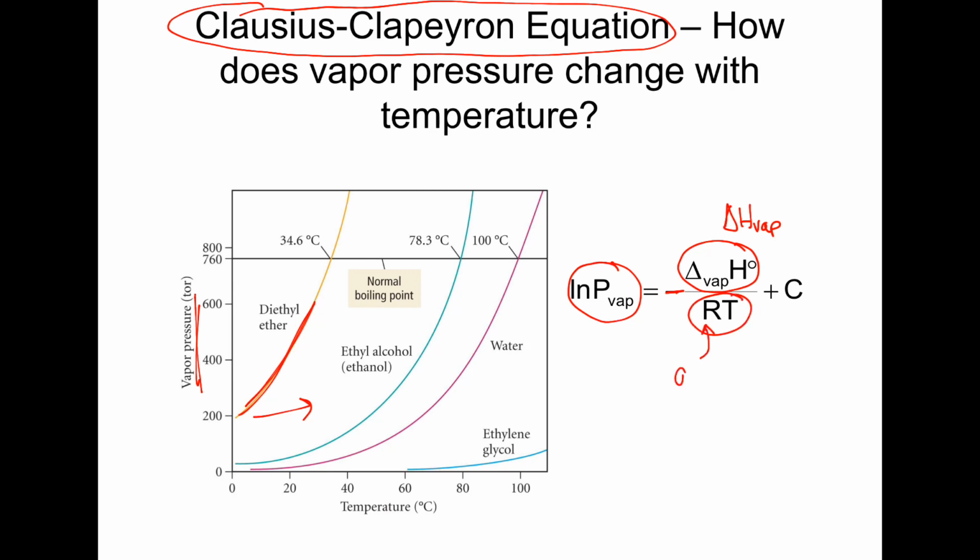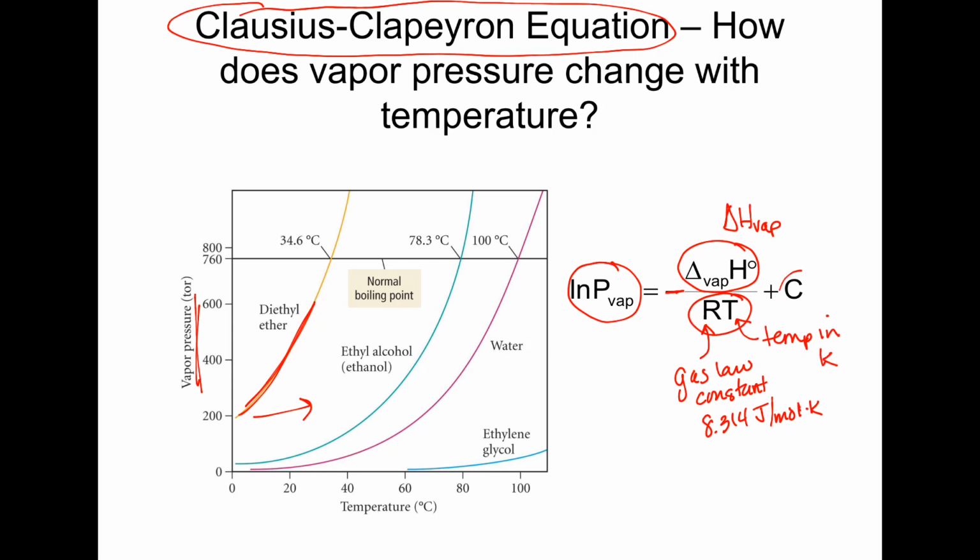This is the gas law constant, and it's the 8.314 joules per mole K version, not the 0.08206 liters atmosphere per mole K version. And then this is the temperature in Kelvin.